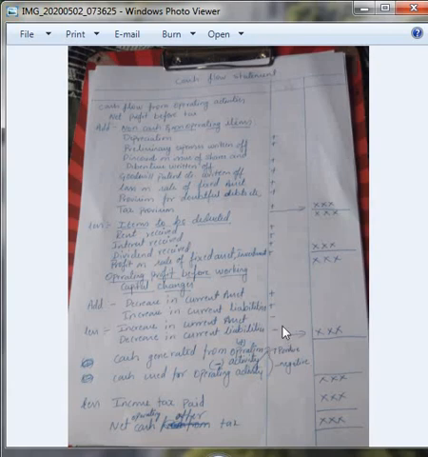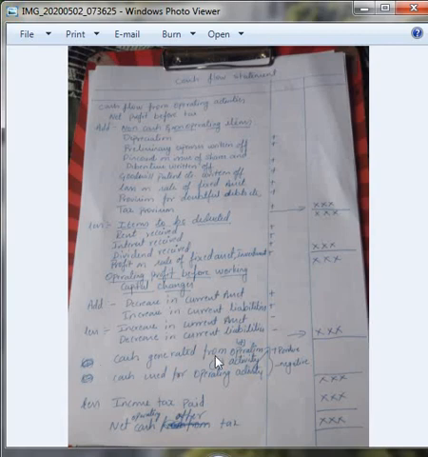So like this, take 5 minutes, don't hurry. If we invest in an asset, cash is going out. If we sell an asset, cash is coming in. If liability increases, cash is coming in. If liability decreases, cash is going out. So going out, minus; coming in, add.